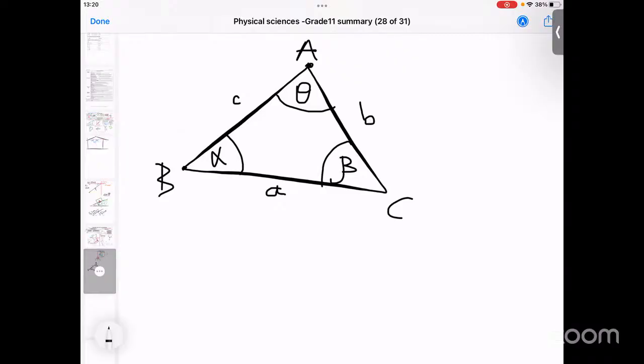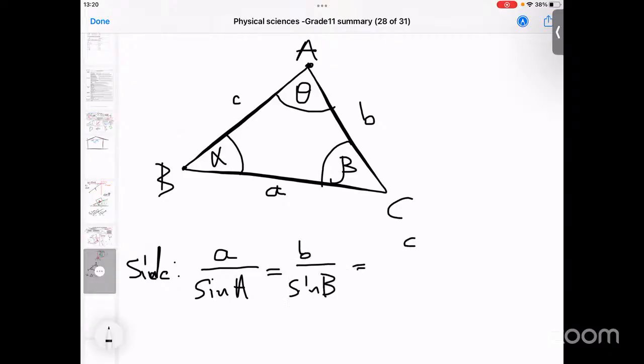Let's say it is the side you are calculating. Side a divided by sine of angle A equals side b over sine of angle B, which can still be equated to c over sine of angle C.